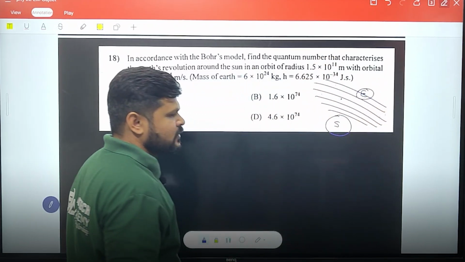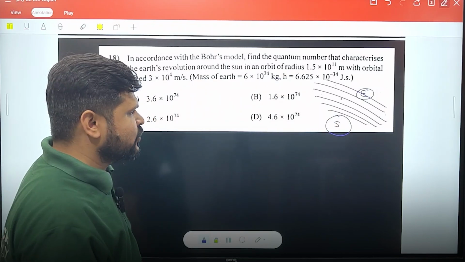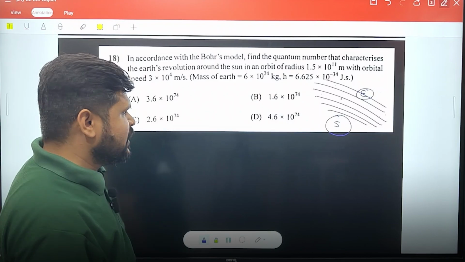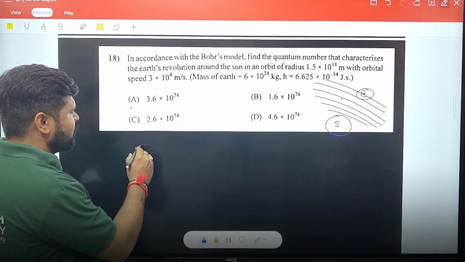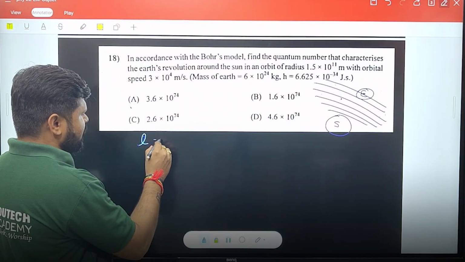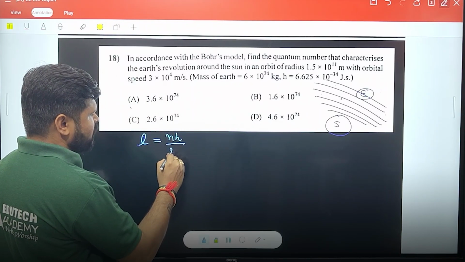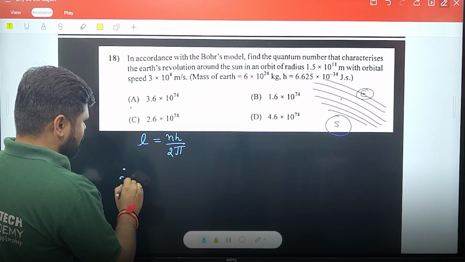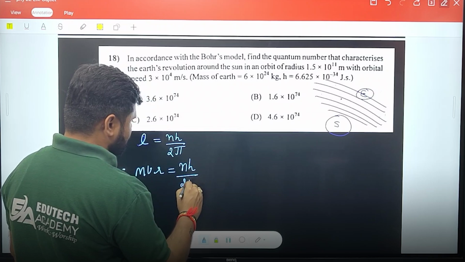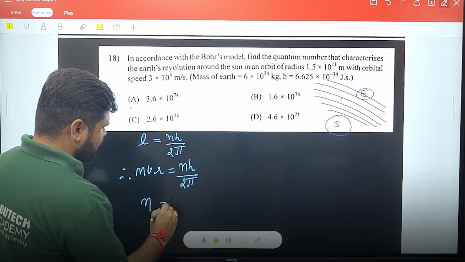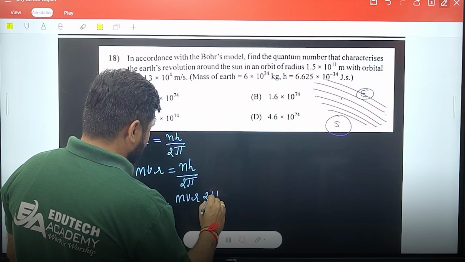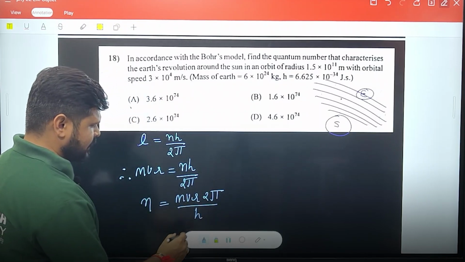That is the question. To solve this type of MCQ, we apply Bohr's second postulate, that is the angular momentum quantization postulate. The formula of that postulate is L equals nh upon 2 pi, but L is mvr. So mvr equals nh upon 2 pi. Make n the subject. So n equals mvr times 2 pi divided by h.